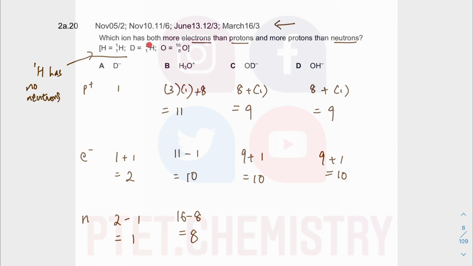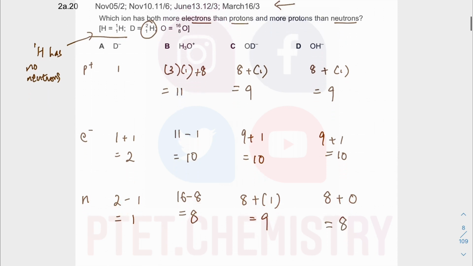Deuterium, on the other hand, has got 1 neutron, which is from 2 minus 1, gives me 1. And then for oxygen there are 8 neutrons because 16 minus 8, and there's only 1 oxygen. Okay, so it's 9. Same deal here, 8 for the oxygen, but 0 for the hydrogen 1 because there's no neutron for hydrogen 1. So 8 plus 0 is 8.